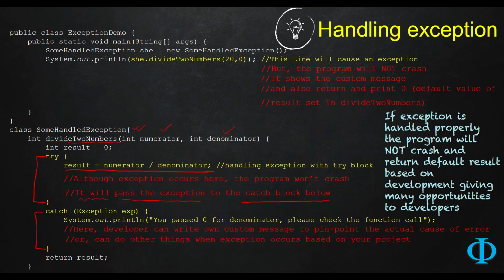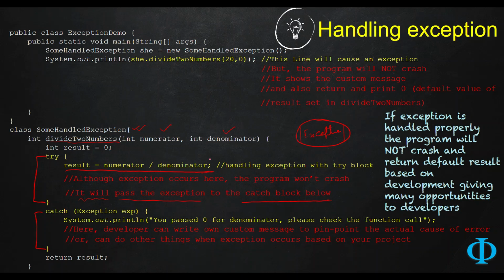Whenever the exception occurs, this try block gets the exception and possibly wraps it with some kind of header and other information, like why the exception occurred and which line number the exception occurred. With all these things, it wraps up the exception in the form of an exception object.